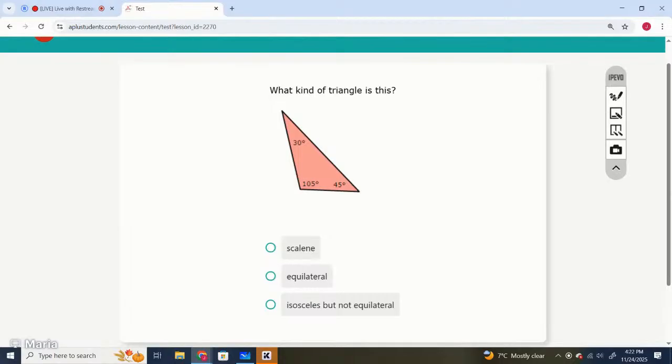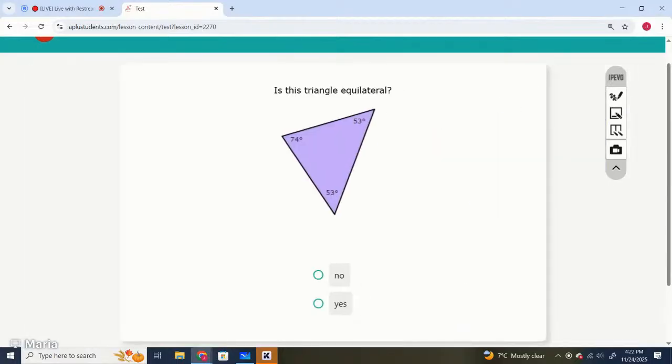All three sides are different in measurement. What kind of triangle is this? All the three angles are different in measurement, so scalene it is.